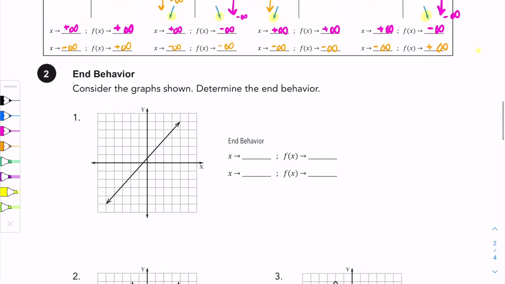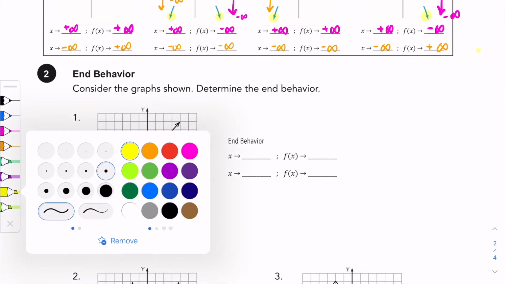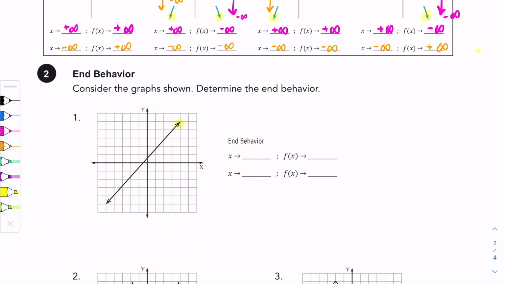For the first example, take a look at the ends of this graph. Also, we start by looking towards positive infinity on the x-axis. As we look towards positive infinity, is the graph heading up or is it heading down? You have 2 options. And I would say this graph is heading up.